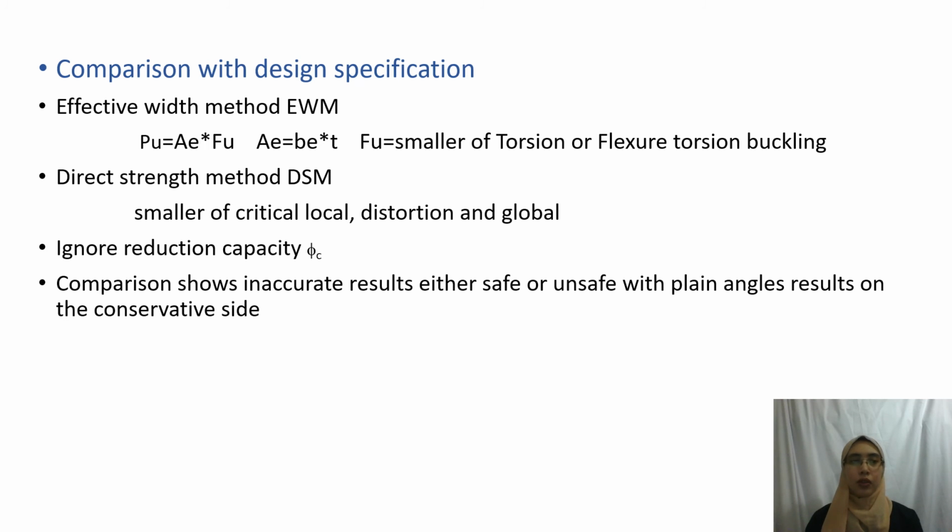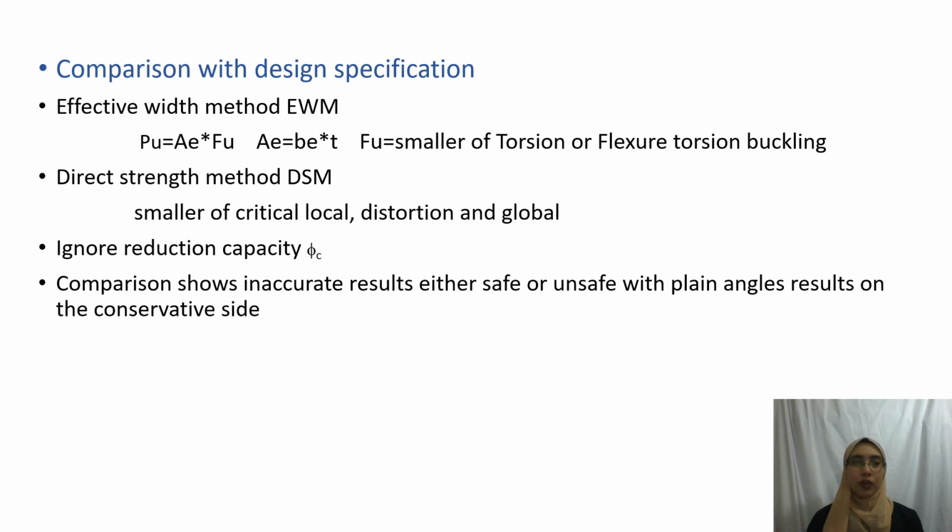The direct strength method calculates the ultimate capacity by determining the elastic instabilities for the cross section. So the ultimate capacity depends on the lowest of the critical buckling loads of local, distortional, and global, which is obtained by the finite strip method using the CUFSM program.